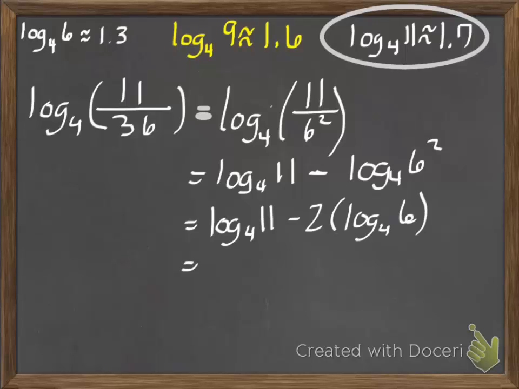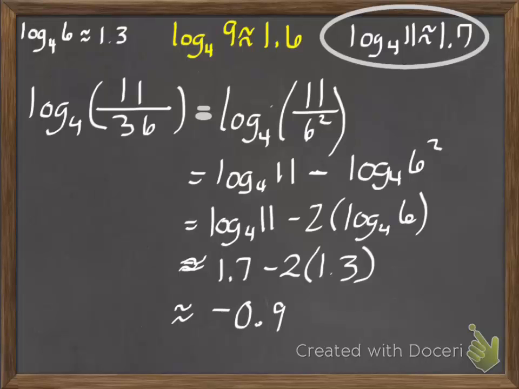Now substitute in. 11 is 1.7 minus 2 times 1.3. And that's going to give us approximately a negative 9/10.